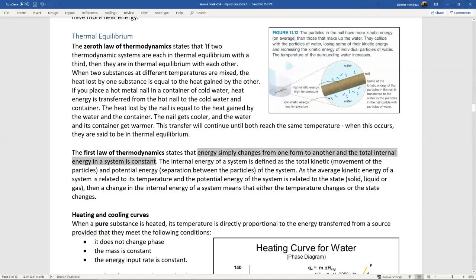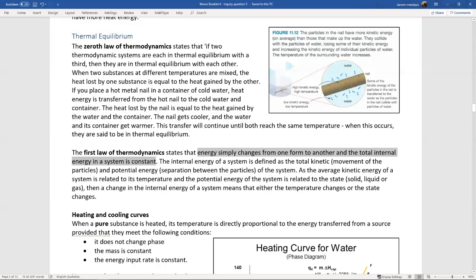In this system, the nail transfers its energy to the water, and the water keeps that energy. The water doesn't lose any of that energy into the air, atmosphere, or the glass. It's a perfectly closed system, right?